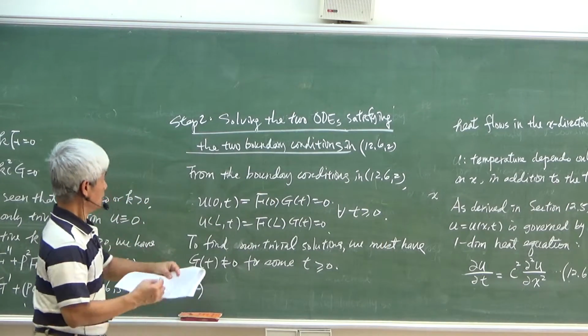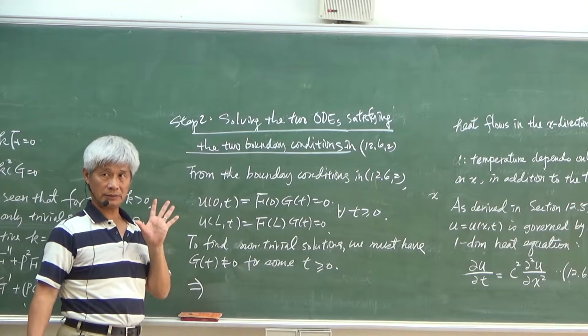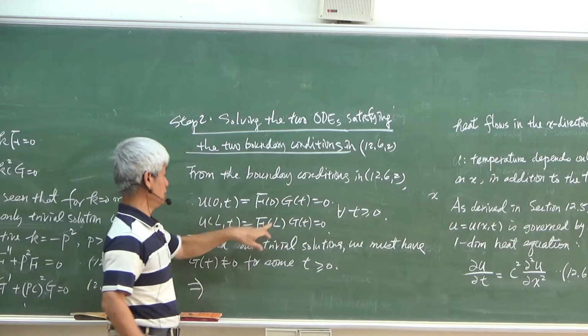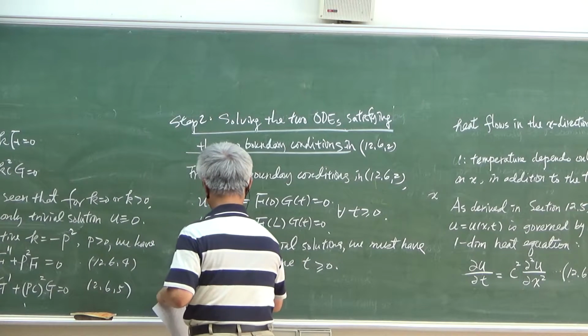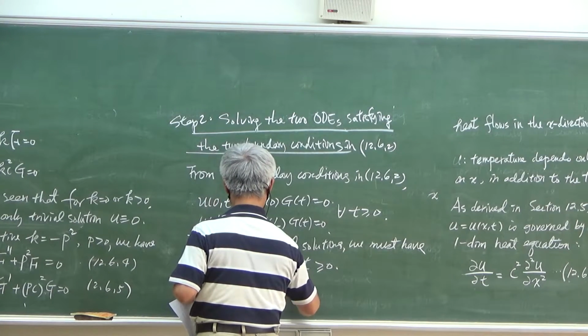Okay? So we know g of t is non-zero for at least one t. So this implies that f0 equals 0 and fl equals 0.